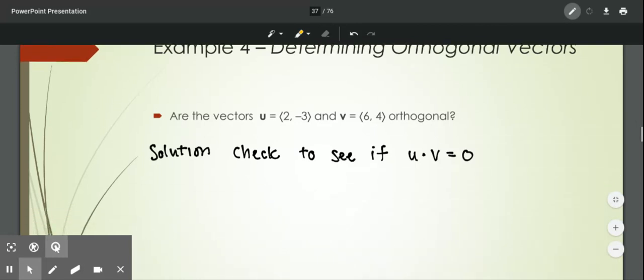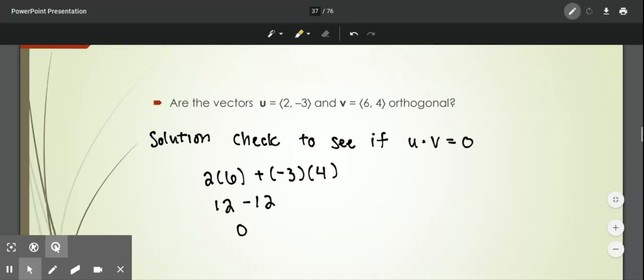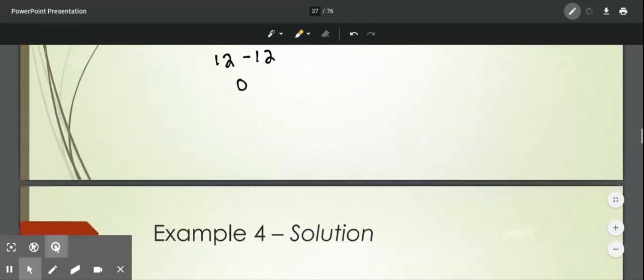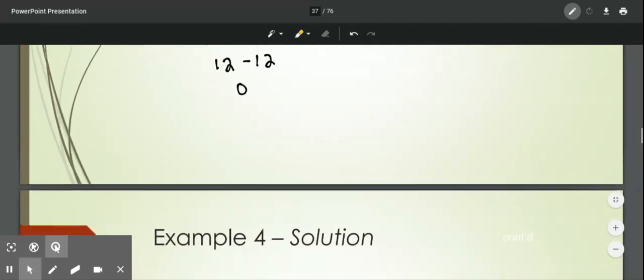So if we do the dot product of u dot v, we would have 2 times 6 plus negative 3 times 4. So we would get 12 minus 12, which is 0. So if the dot product is 0, then are the vectors orthogonal? Yes, and we're super excited about that, right? Well, there's a solution for you on that one.